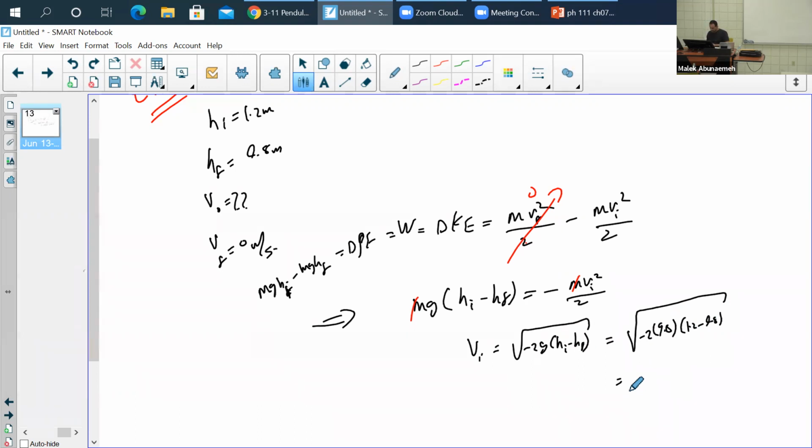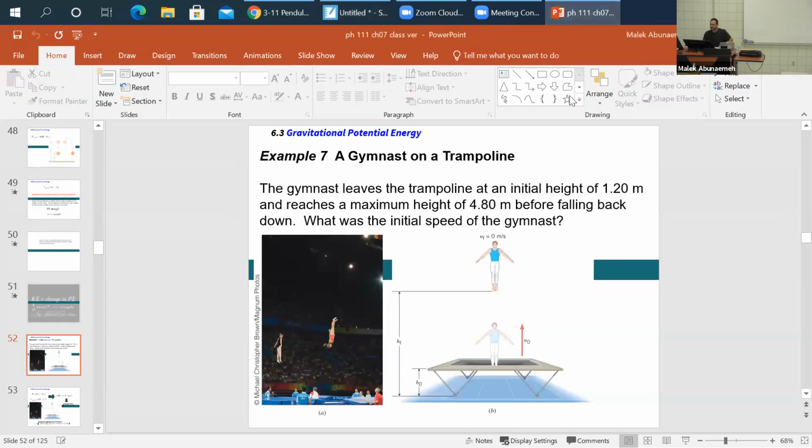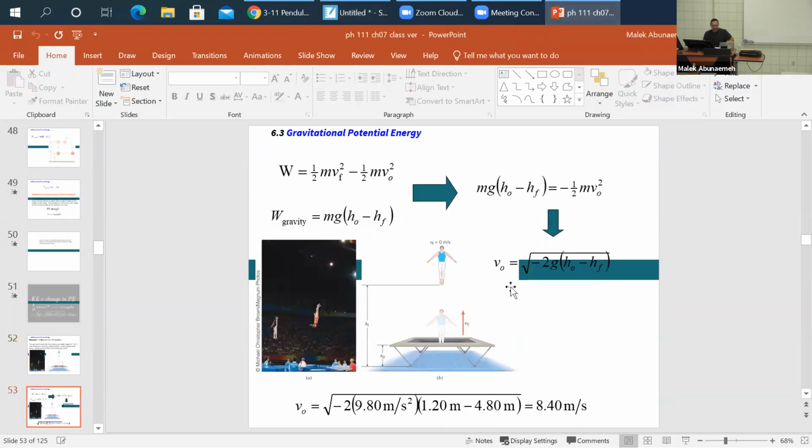I got almost 8.4 meters per second. That's exactly what we have.